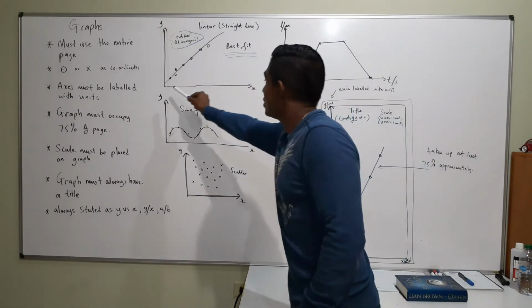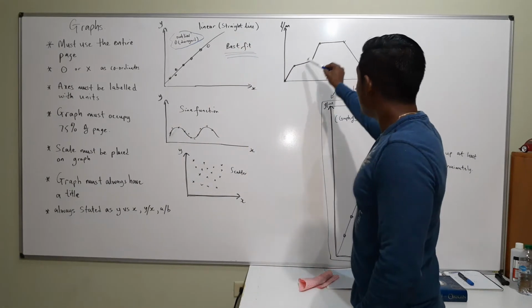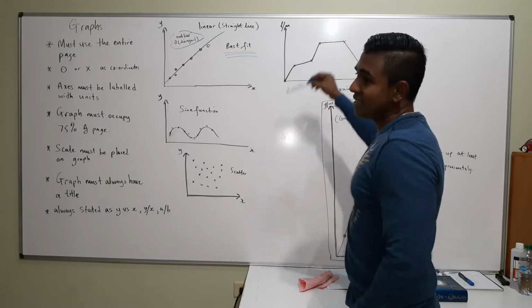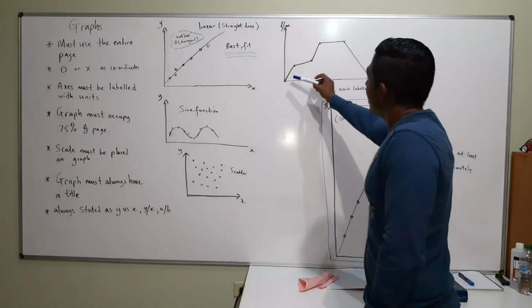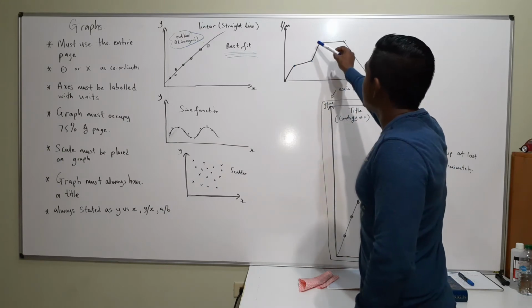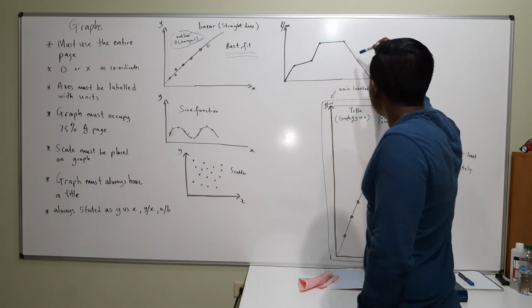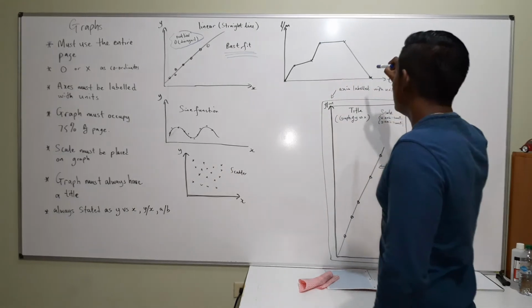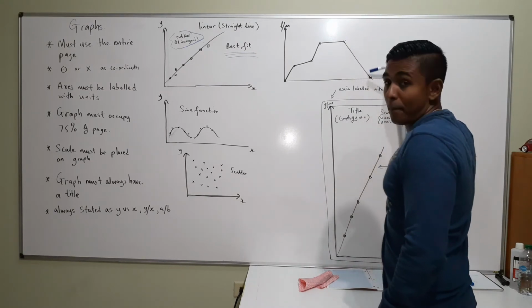It would not make sense to draw a straight line, because by doing that, you would be saying that the taxi is traveling at a constant speed. But this taxi wasn't doing that. It was traveling very fast here, it slowed down, it picked up some speed again, then it slowed down a little bit, and then it came to rest.